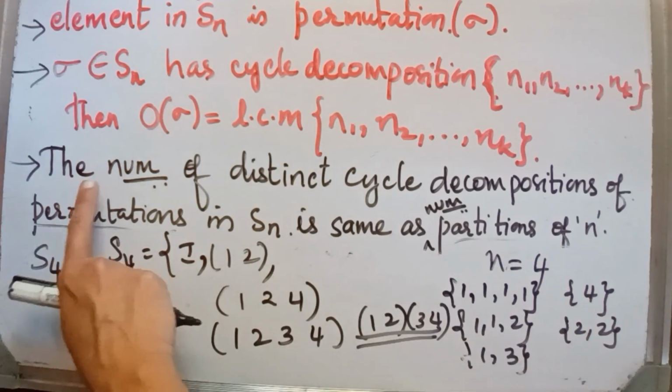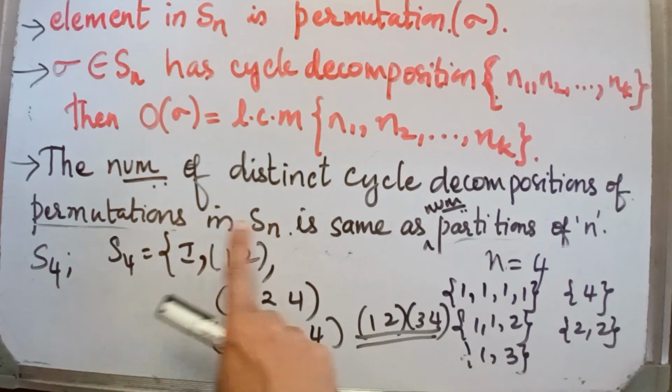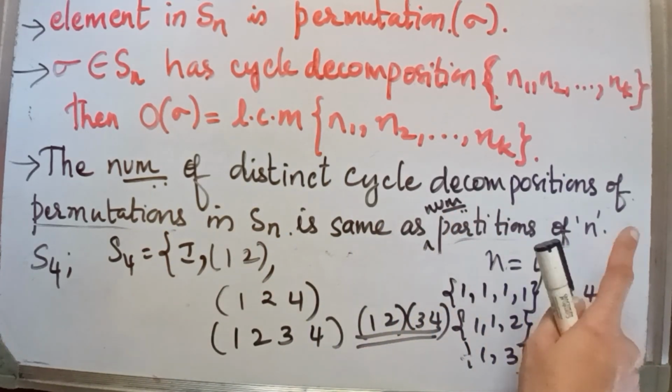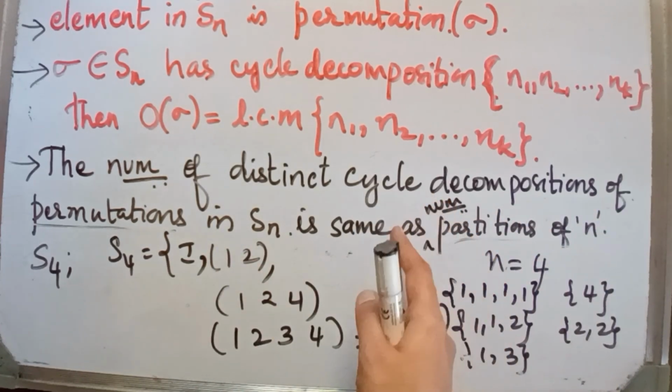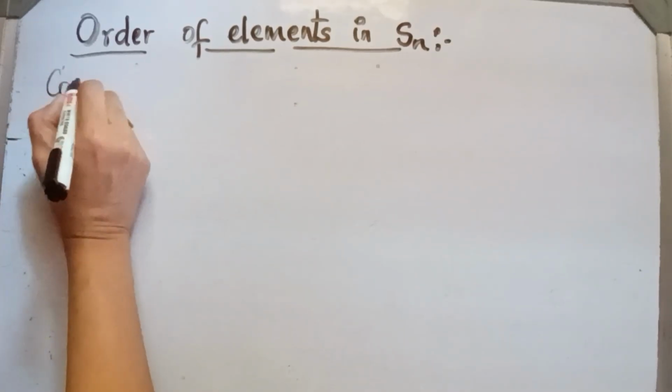So this fact you have to remember: the number of distinct cycle decompositions of permutations in Sn is the same as the number of partitions of n. Therefore, this idea gives you the number of possible orders of any element in Sn. Consider S3.